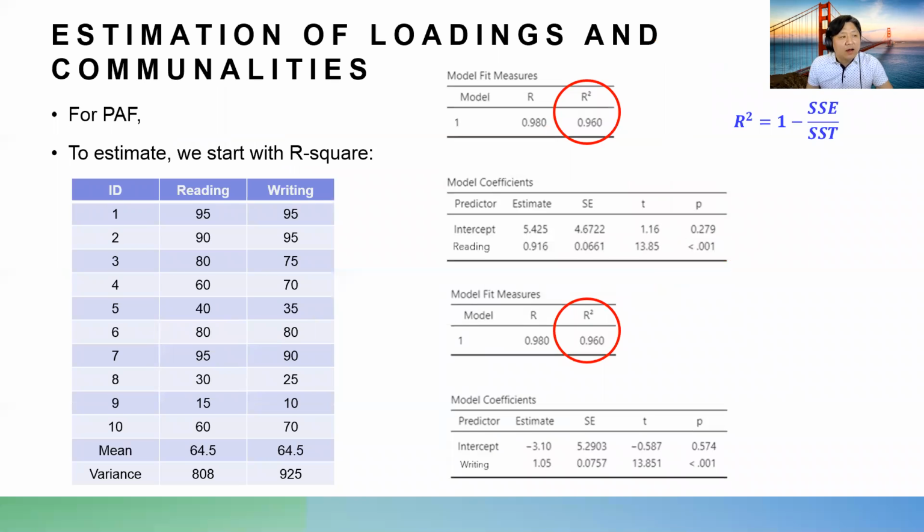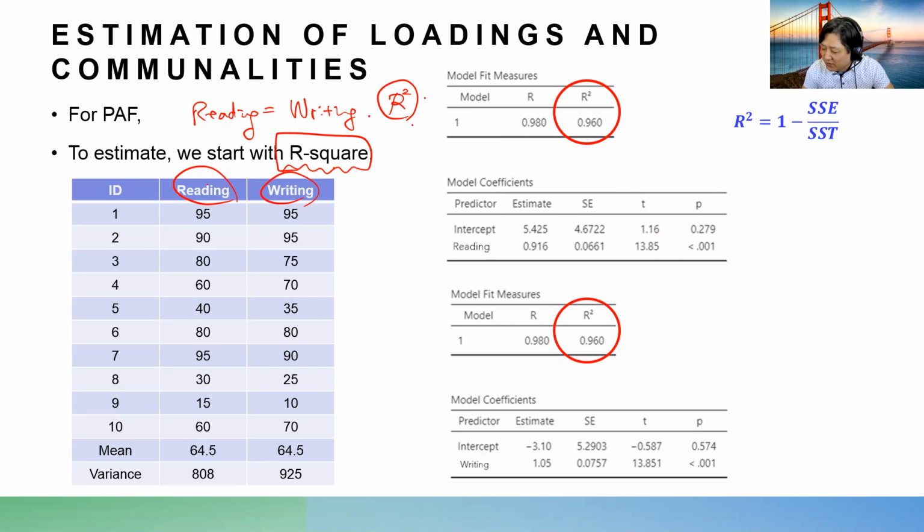Now let's estimate the communalities using factor analysis. The first step is to find R square. We have 2 variables here. I treat reading as my dependent variable and writing as my independent variable, run a regression, and get the R square value.